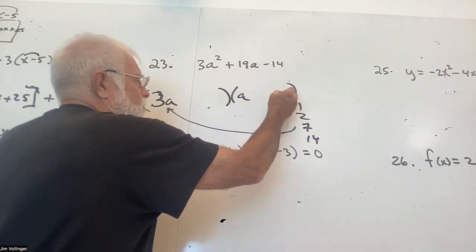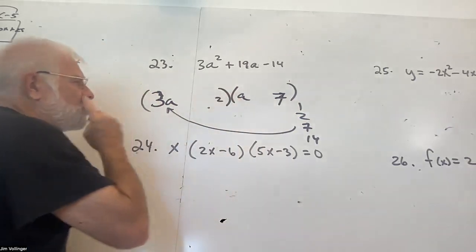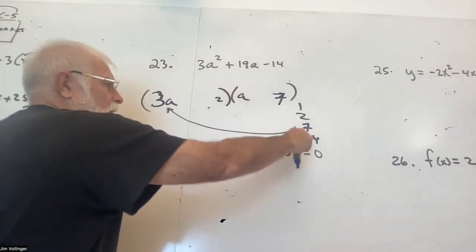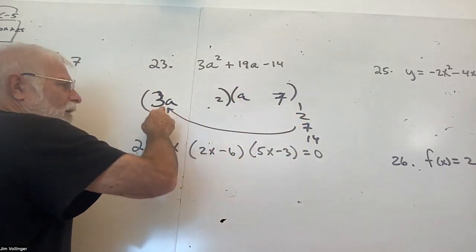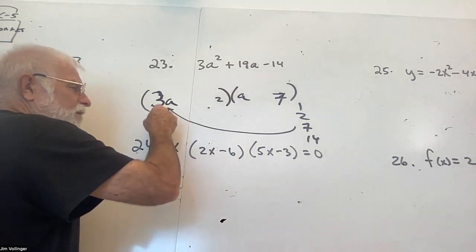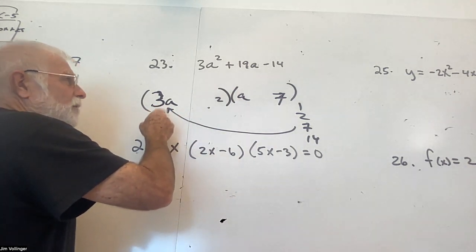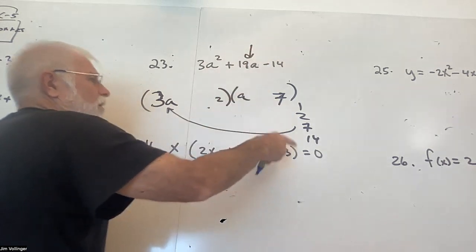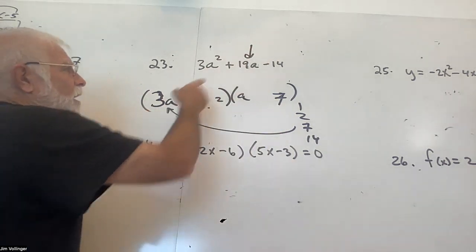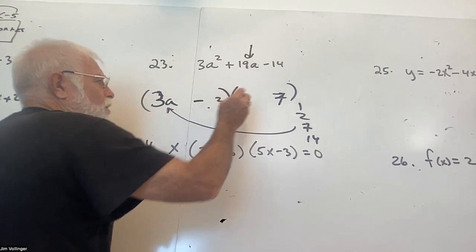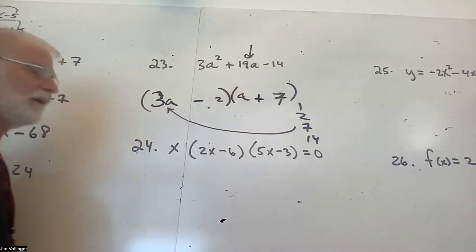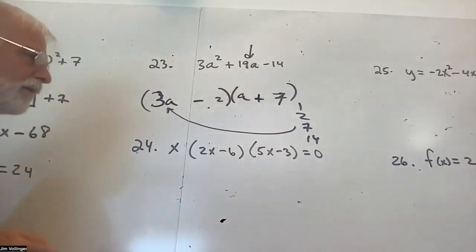So it looks like this one's going to be the 7 and that's going to be the 2, because I'm always looking at the outside and inside products. I'm looking at the bigger one first. It has the most effect on the middle term. So 7 times 3, 21, and I want positive 19, so I'll take 2 away and I'll make that positive. And it's really a computer-like trial and error.